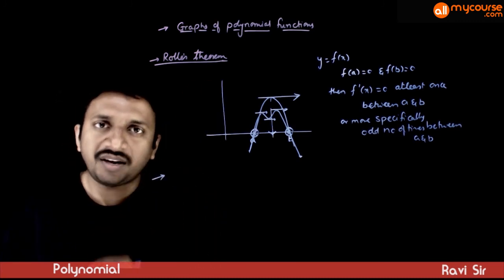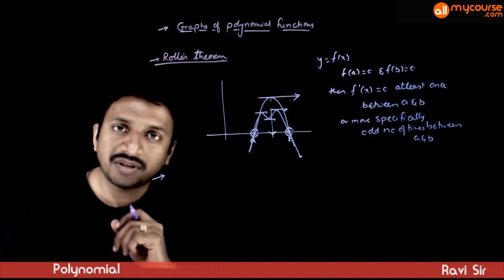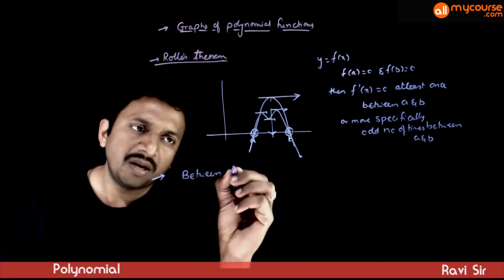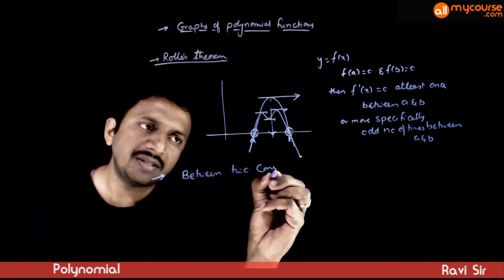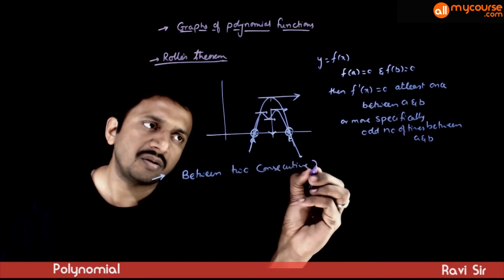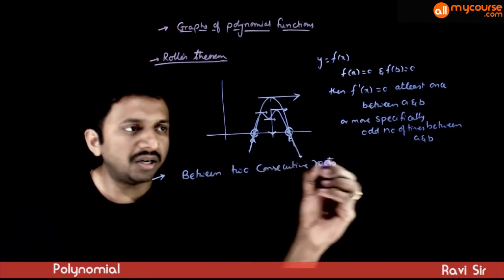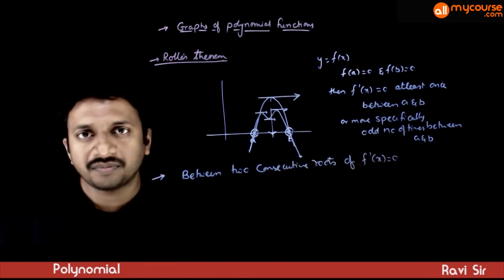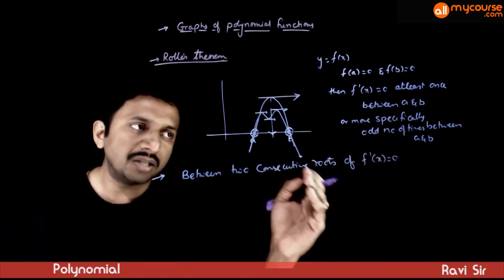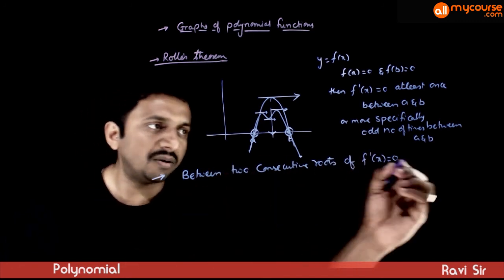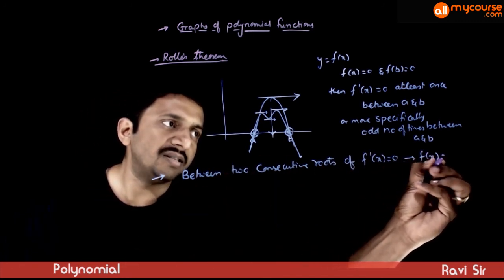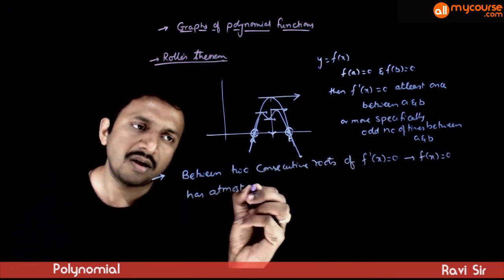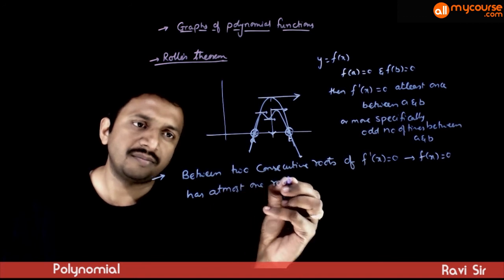And a corollary to this theorem is that between two consecutive roots of f dash of x is equal to 0, f of x is equal to 0 has at most one root.